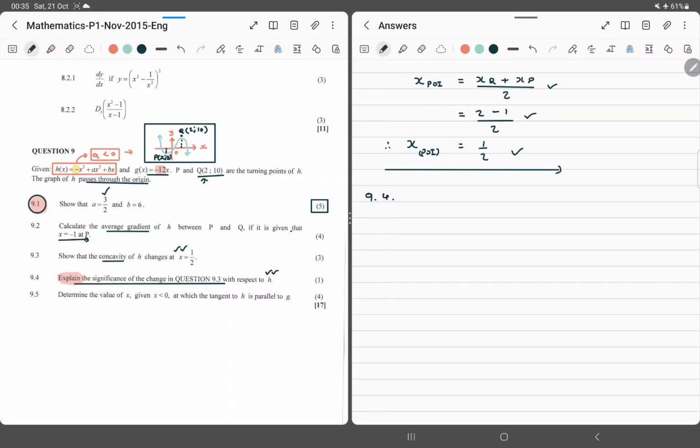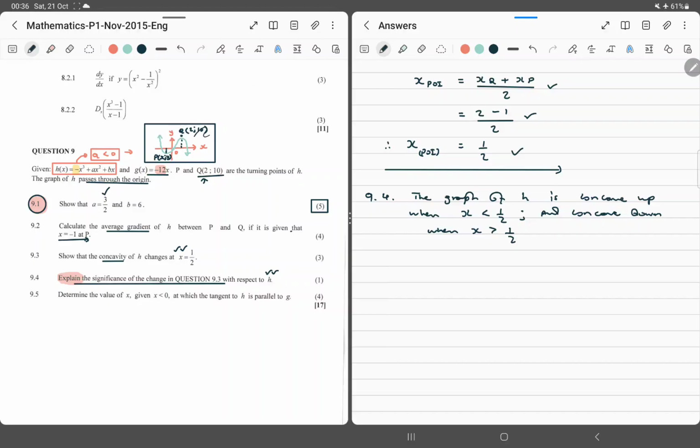We can say that the graph of h is concave up when x is less than a half, which is that point there, and concave down when x is greater than a half.